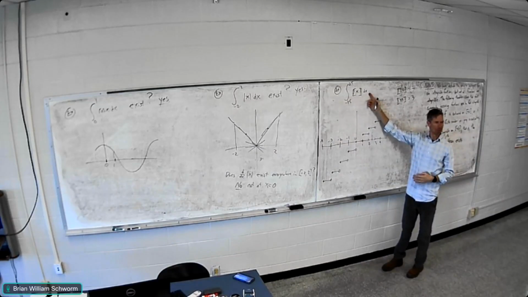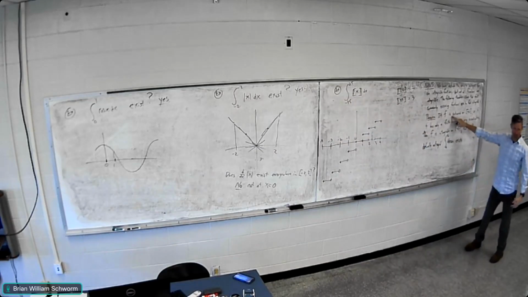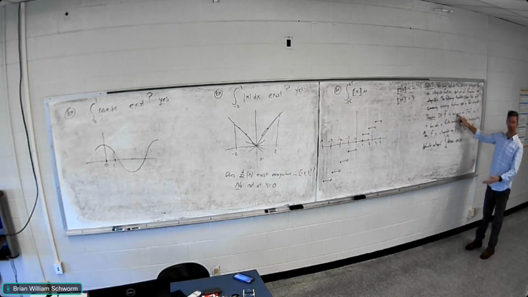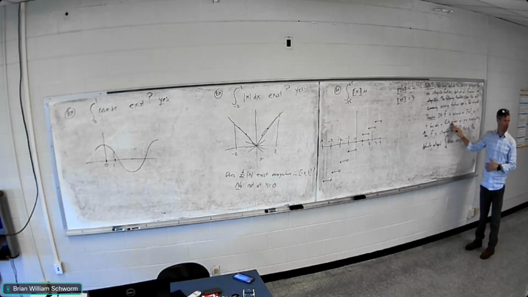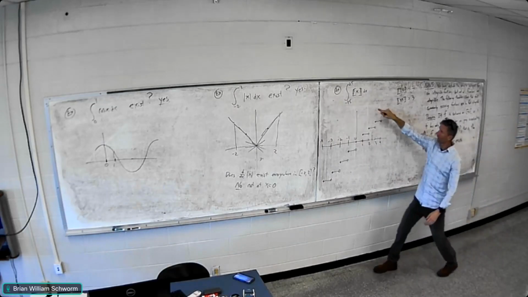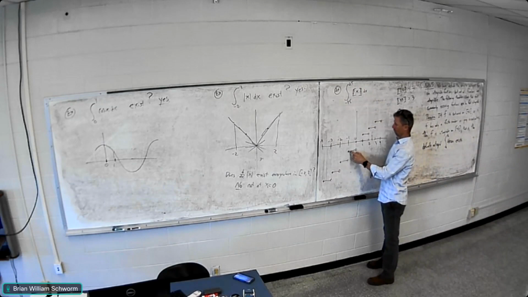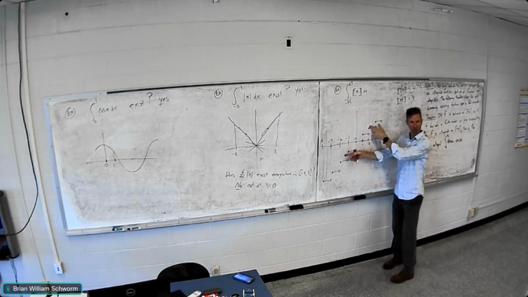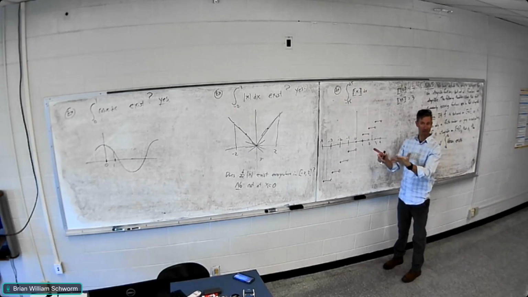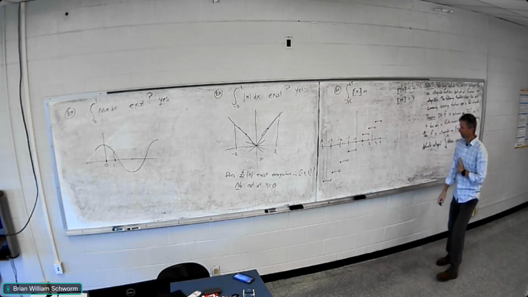Does this definite integral exist? No. This theorem says it exists if the function is continuous. That's not continuous, obviously. Or has a finite number of jump discontinuities. It does have a finite number of jump discontinuities in this interval -3.5 to 2.5. There's a jump here, 1, 2, 3, 4, 5, 6. There's 6 jumps.